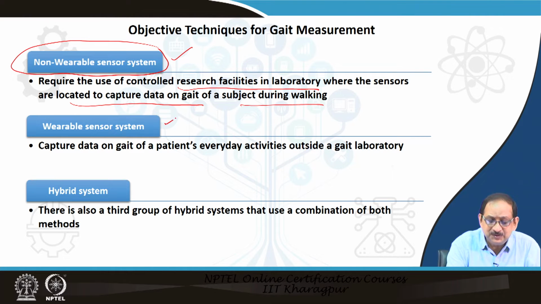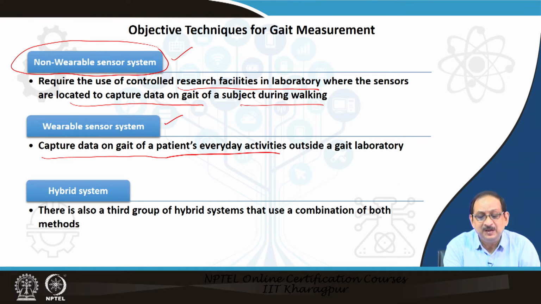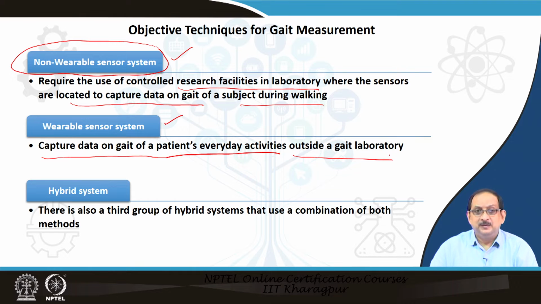Wearable sensor systems capture data on gait of a patient's everyday activities outside a gait laboratory. Therefore, it can be anywhere outside the gait laboratory. The data can be recorded and later analyzed for different purposes.